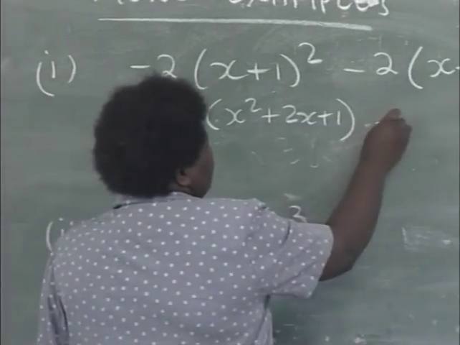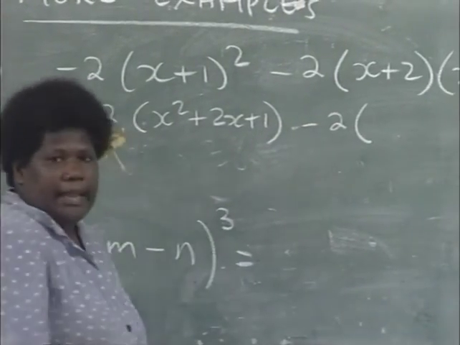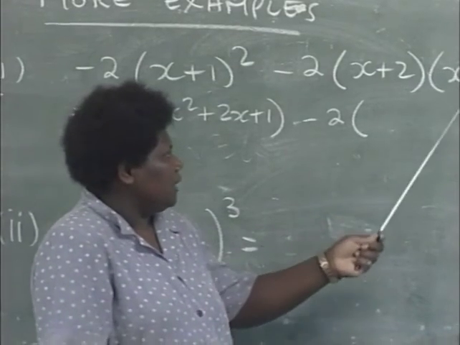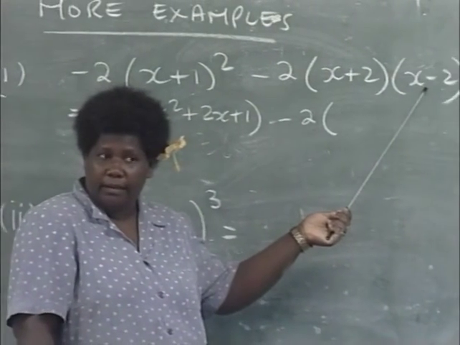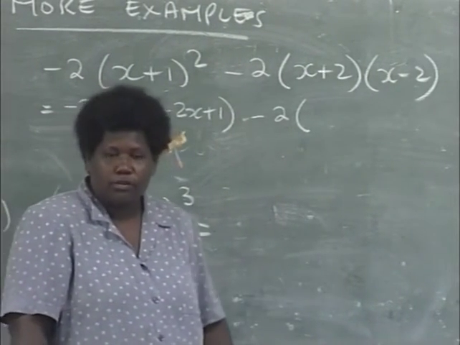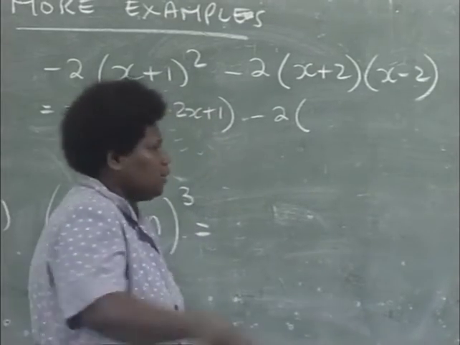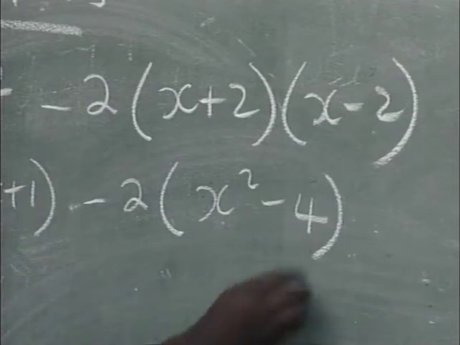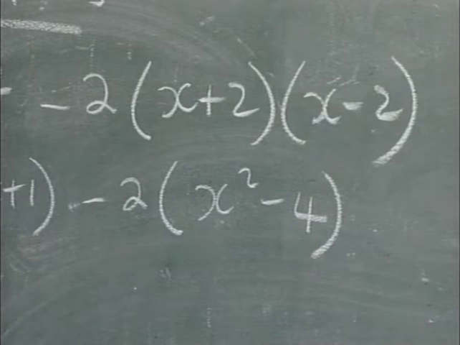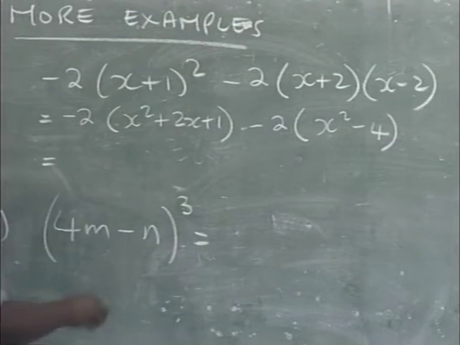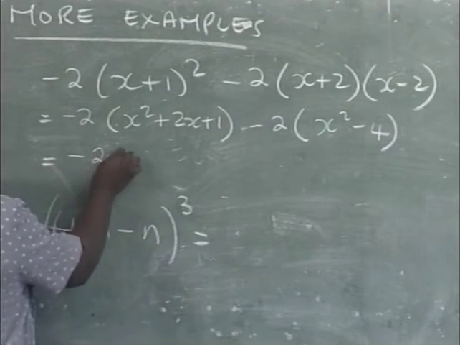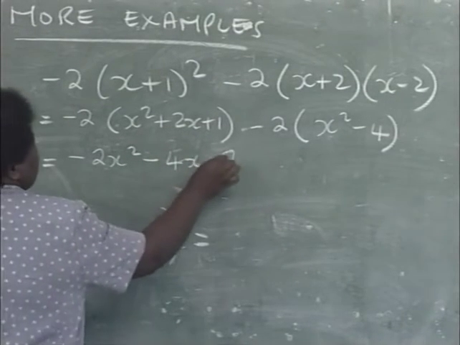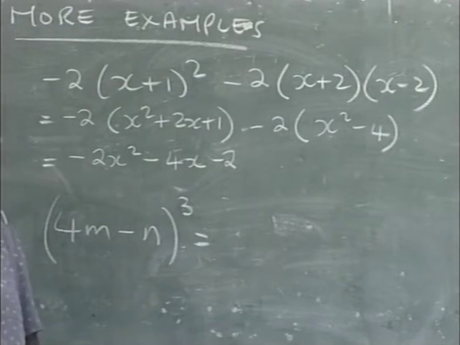Right, minus. By now, you all should recognize that x plus 2 times x minus 2 will give a difference of 2 squares. So, minus 2 times x squared minus 4, which is equal to minus 2x squared minus 4x minus 2. Agree?